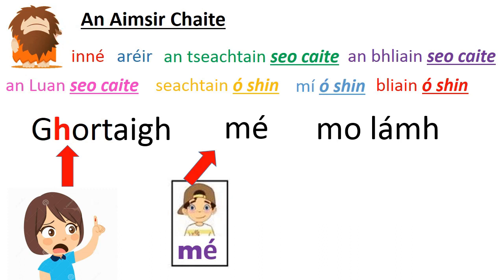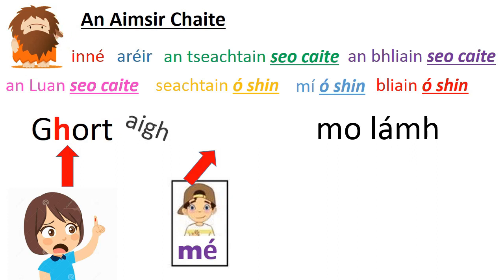Anois féachaimis ar an gceann seo. Ghortaigh mé mo lámh. I hurt my hand. Arís sin briathar Dara Réimniú agus dhá sheolaí. Two syllables. Gortaigh. Again, caithfidh mé fáil réidh leis an seolaí deireanach sin.